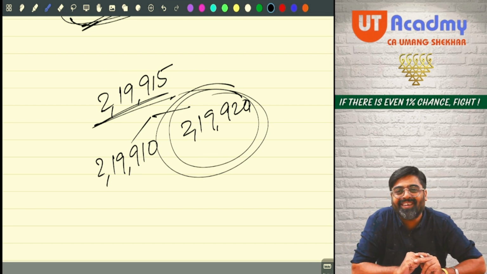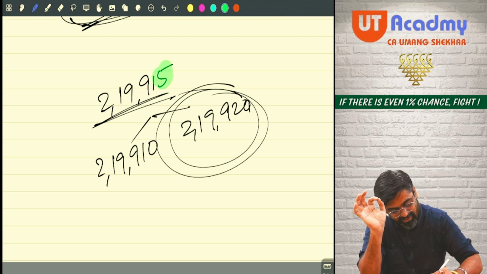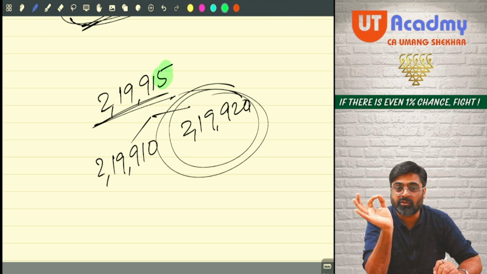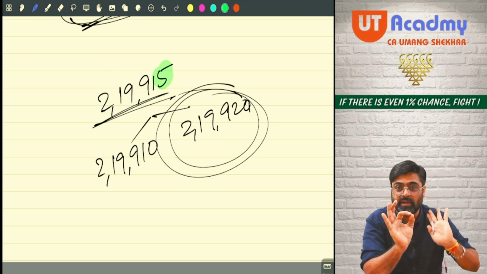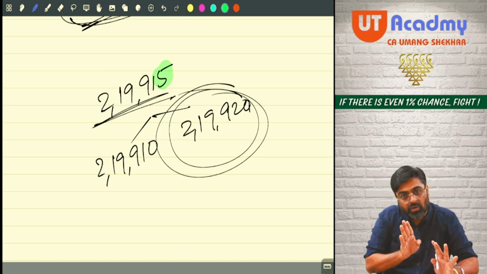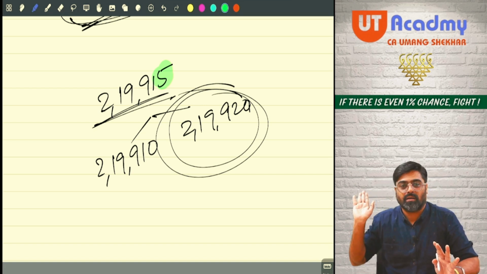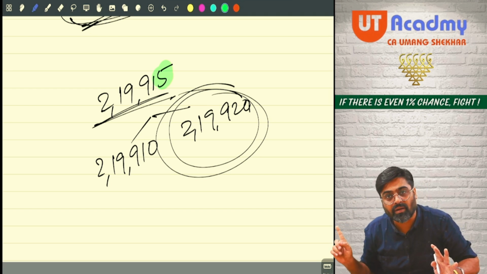Getting my point? So always check what is the last digit. If the last digit is 5 or more, round off to the next higher multiple. And if the last digit is less than 5, round off to the earlier lower amount, which is a multiple of rupees 10.